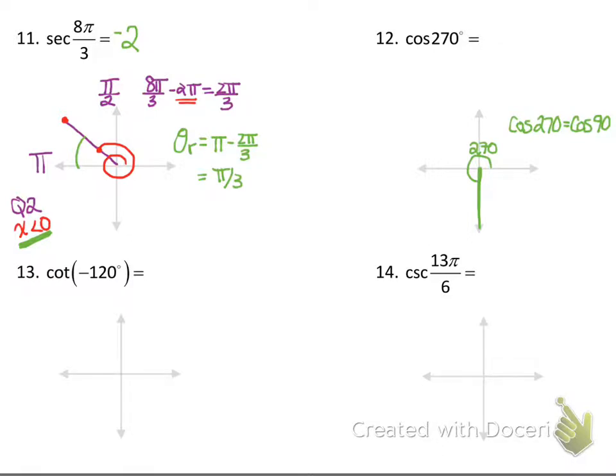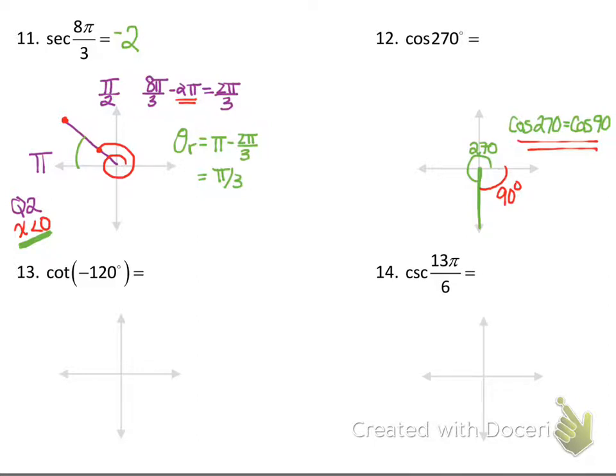We know that because this is our reference angle from the x-axis. It's right here, which is 90 degrees. But I don't have to worry about the sign because the sign of x doesn't change at all.